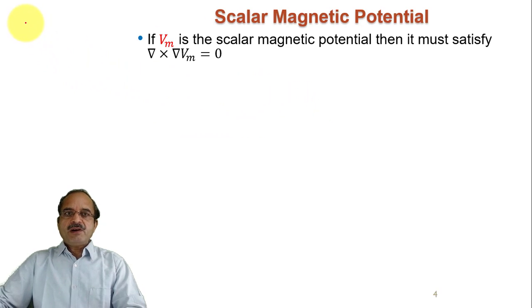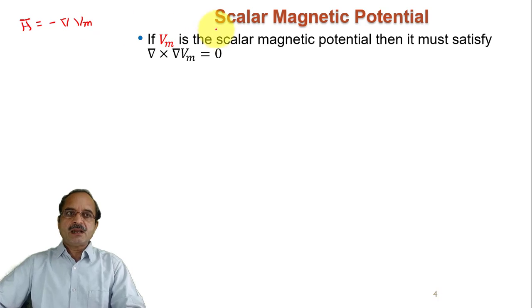Now, as we have defined the relationship between magnetic field intensity H and the scalar magnetic potential as H equal to negative gradient of Vm, where Vm is the scalar magnetic potential, for any scalar quantity it must satisfy the equation curl of gradient of Vm is equal to 0.